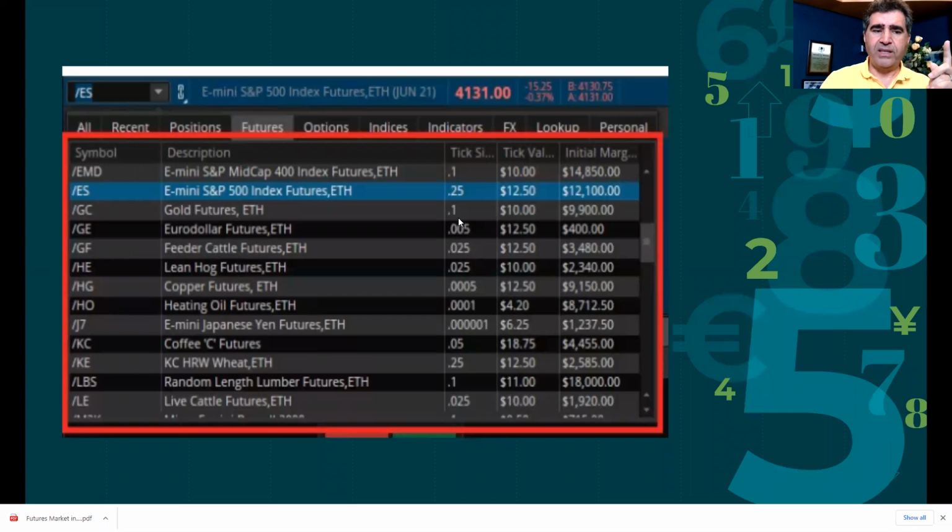So 1 point in gold is 10 times 10, which is $100. So if gold goes from 1832 to 1833, you just made $100. So if it moves 3 points, then you make 300. If it goes down 3 points, you lose 300. And your requirement is 9,900. So you have to have that initial margin.